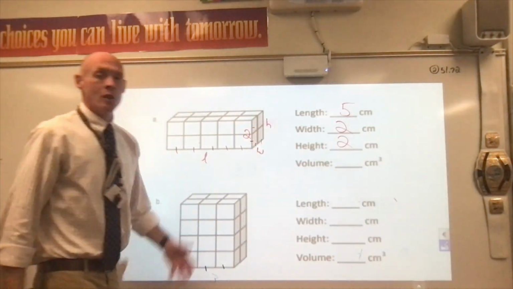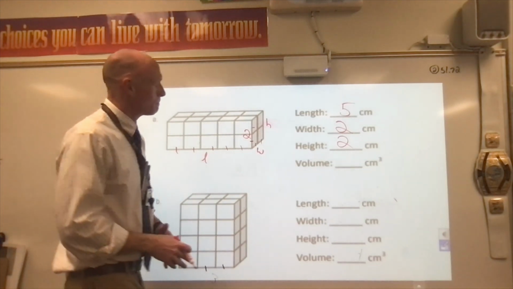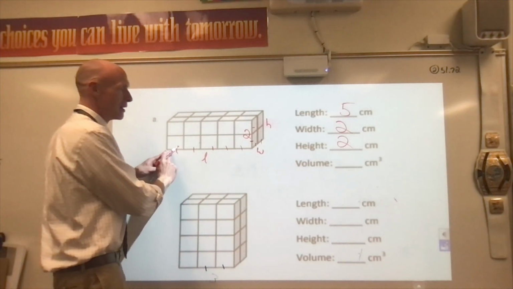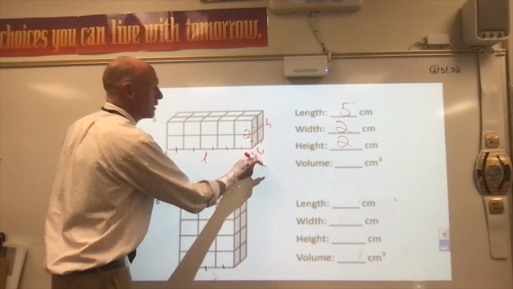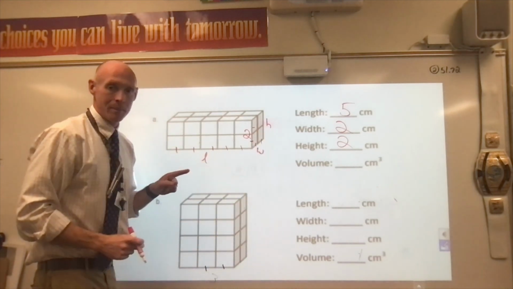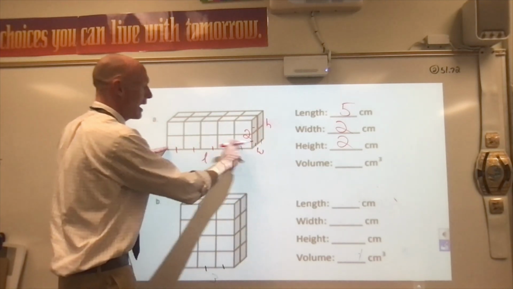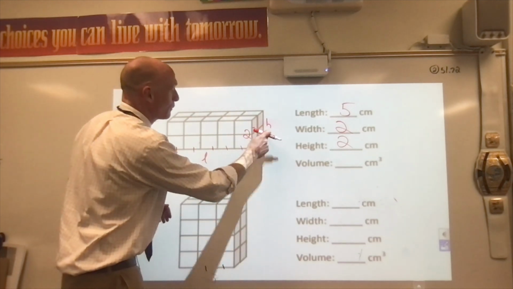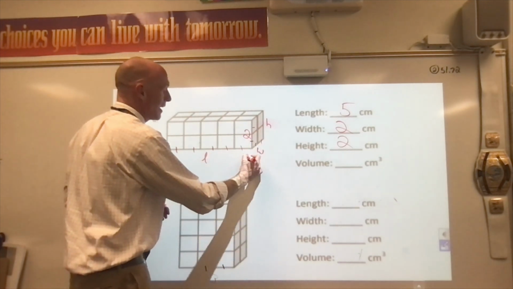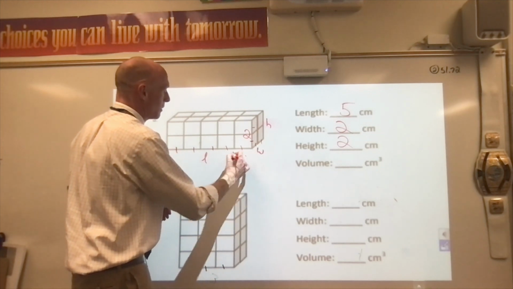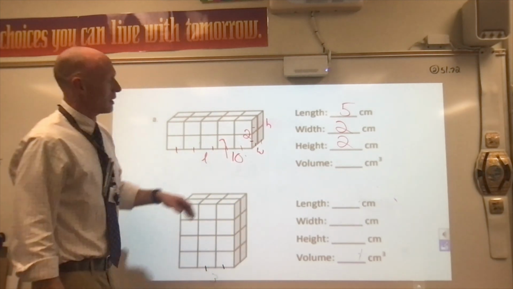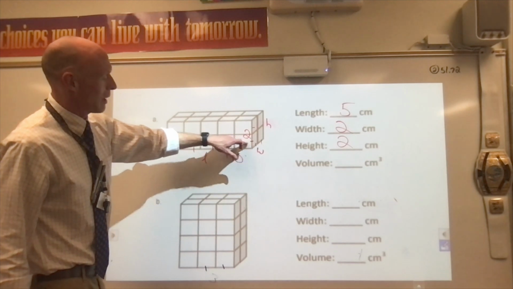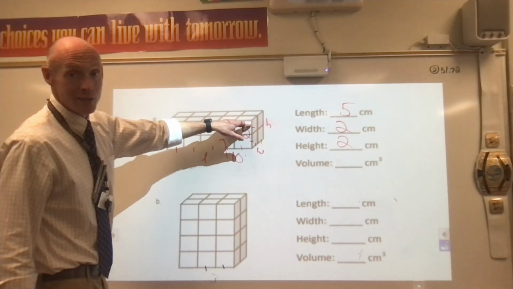Okay, so let's think about what these numbers mean. I know on the bottom I have 5, and there's 2 rows of them. So it's going to be 5, another 5 behind it. That means it's going to be 10 on the bottom layer. And how many layers are there? There's not 1 layer, there's 2 layers.